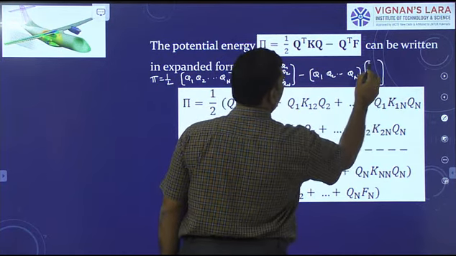Take the row of elements and multiply these elements with the elements of the first column of the global stiffness matrix. Then you get Q1 into K11 into Q1.